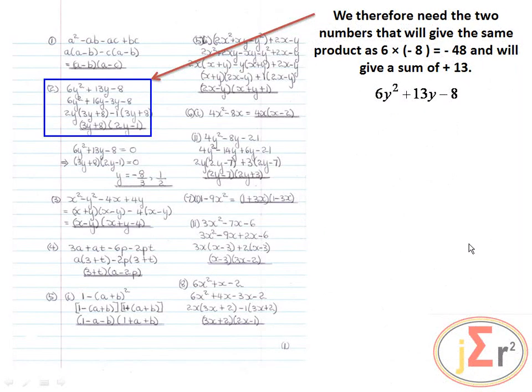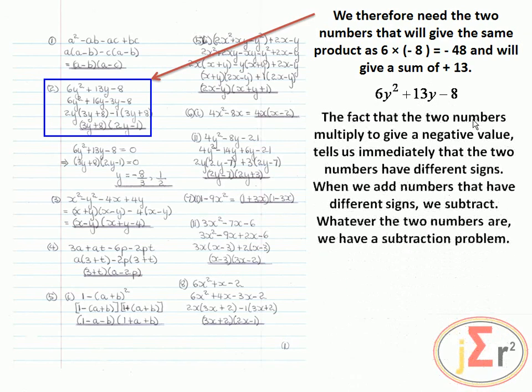We therefore need the 2 numbers that will give the same product as 6 times -8, which turns out to be -48, and will give a sum of 13. We need those 2 numbers. They will give a sum of positive 13, but when we multiply them, we get the same result as -48, which is the same result as multiplying these 2, and the sum of those 2 numbers will be this one here, positive 13. What are those 2 numbers?